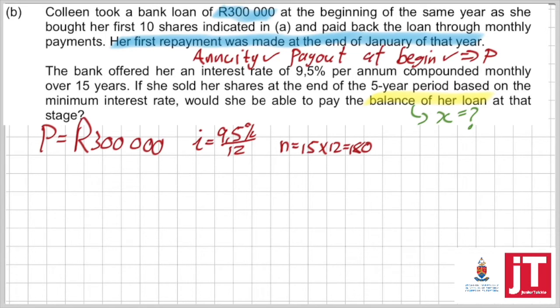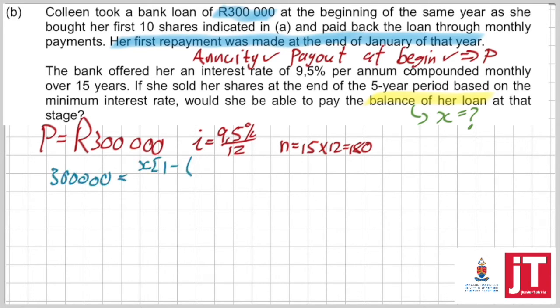That is a big issue. So this sum is now all of a sudden split into two parts. First of all, I've got to calculate X. And only when I've got X, can I go and calculate the balance outstanding. So let's go and calculate X.